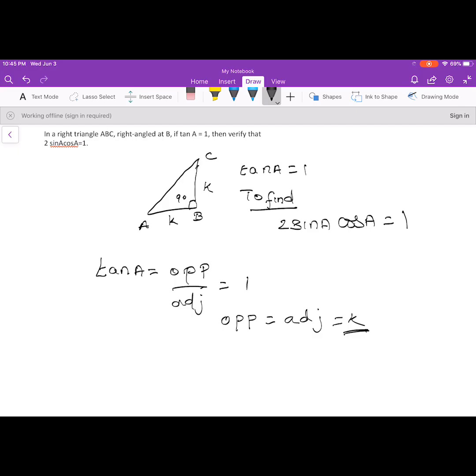Now by using Pythagoras theorem, hypotenuse square is equal to opposite square plus adjacent square. So that is K square plus K square, which is equal to 2K square.